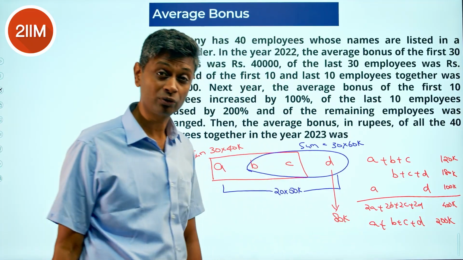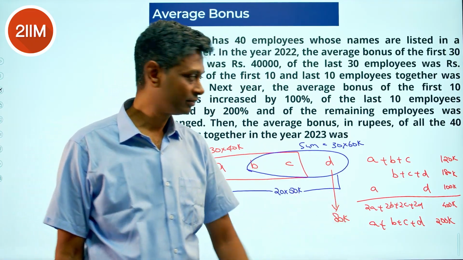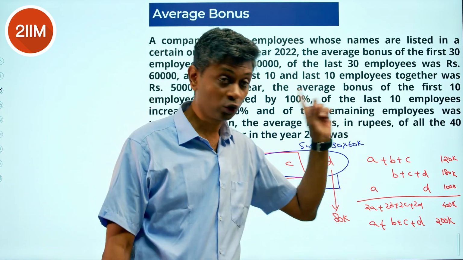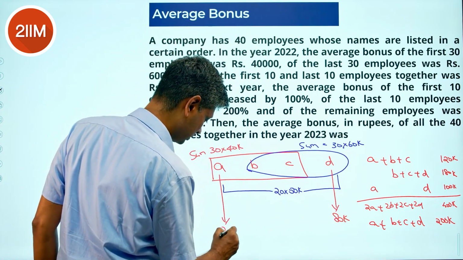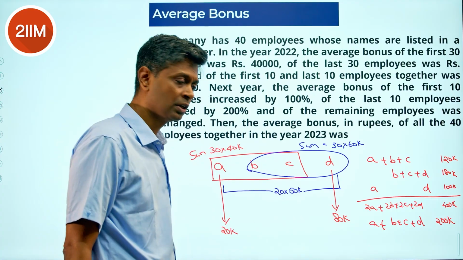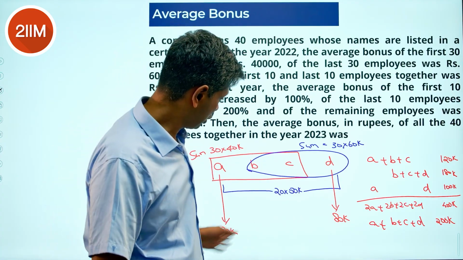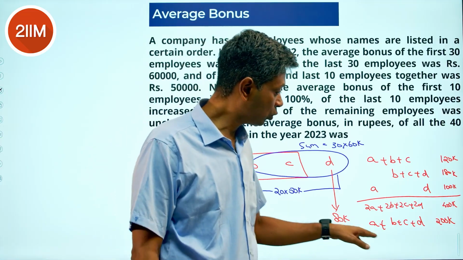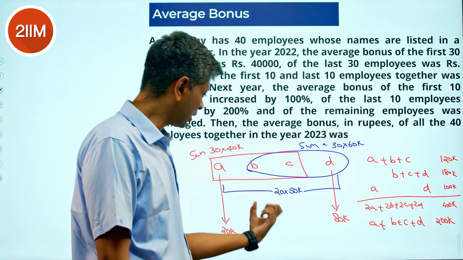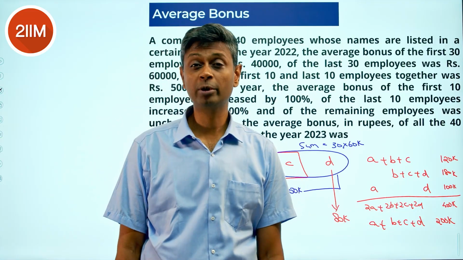Remember, this is the average of the last 10. B plus C plus D is 180k, or A is 20k. These two add up to 100k. All four add up to 200k. B plus C should together add up to 100k, but it could be any combo.